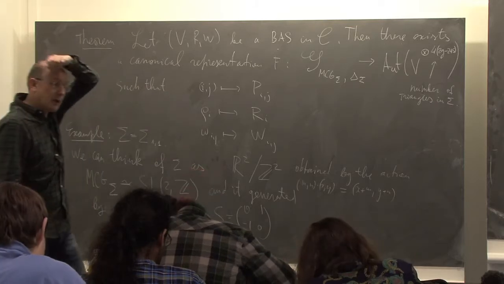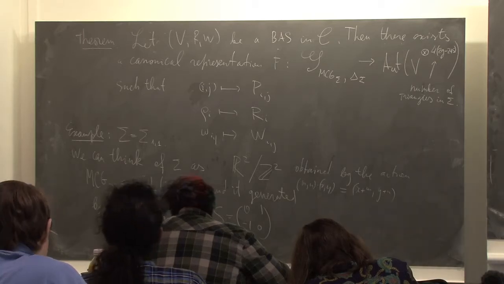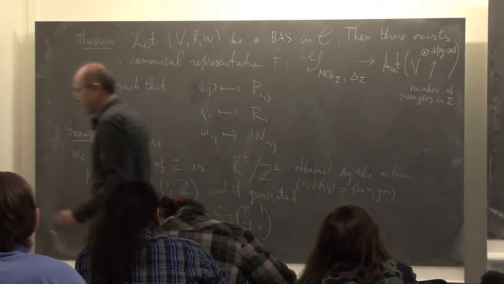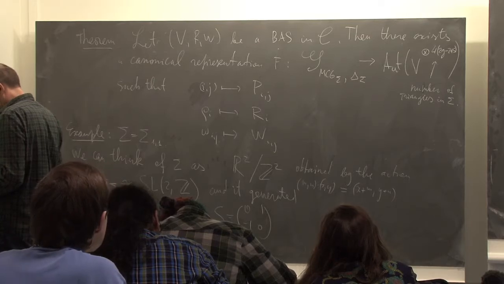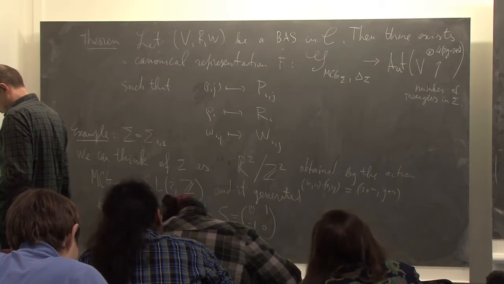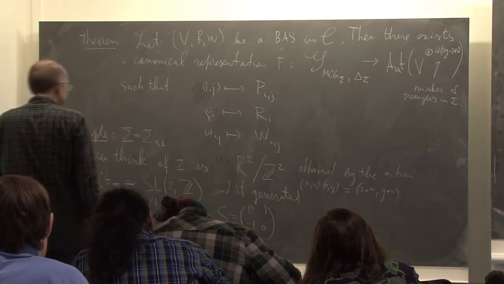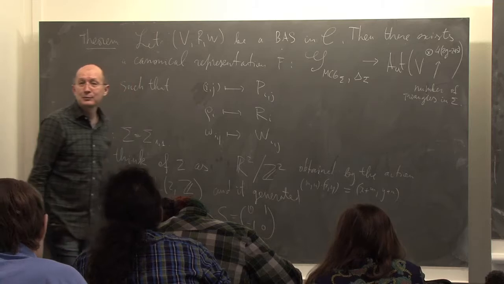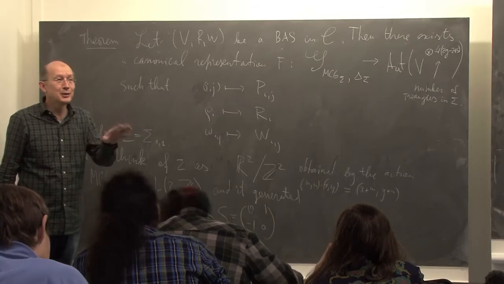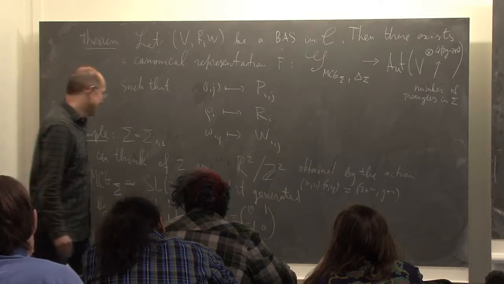So it is a known fact that any SL2(Z) matrix can be written as a word in the letters S and T. Do you know this fact, that SL2(Z) is generated by those two matrices? Everybody knows? Okay.